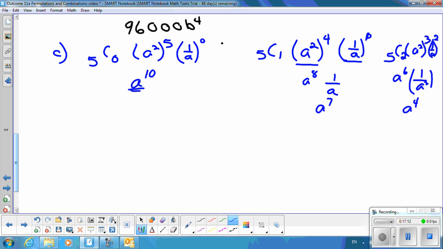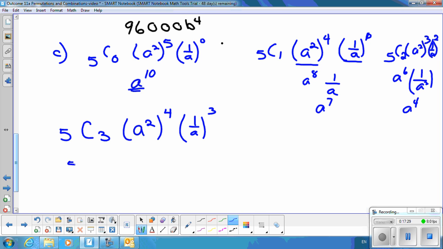We can check that by figuring out that next term. So I would have 5c3. It's a squared to the power of 3 this time, and 1 over a cubed. I'm not worried about what my coefficient is, because we were just looking for which term number works.